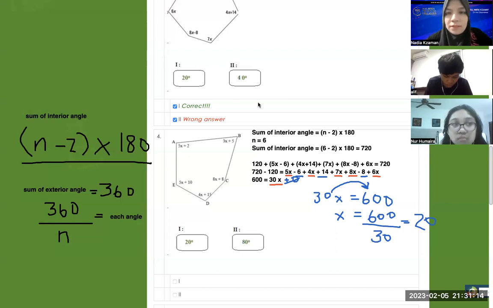So 5x plus 3x plus 8x plus 4x plus 5x. And then all the number: 2 plus 5 plus 8 plus 15 and plus 10.